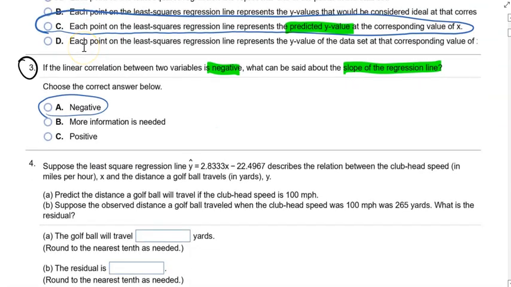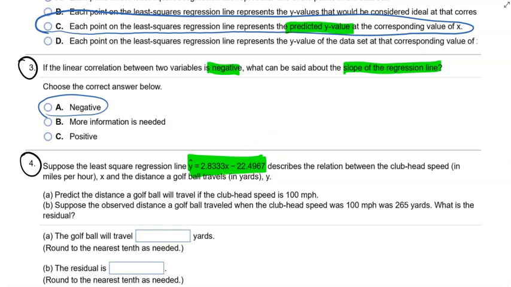Question number 4. Suppose the least square regression line is y hat equals 2.8333x minus 22.4967. Look at this equation where you see y hat equals some number x minus some number.